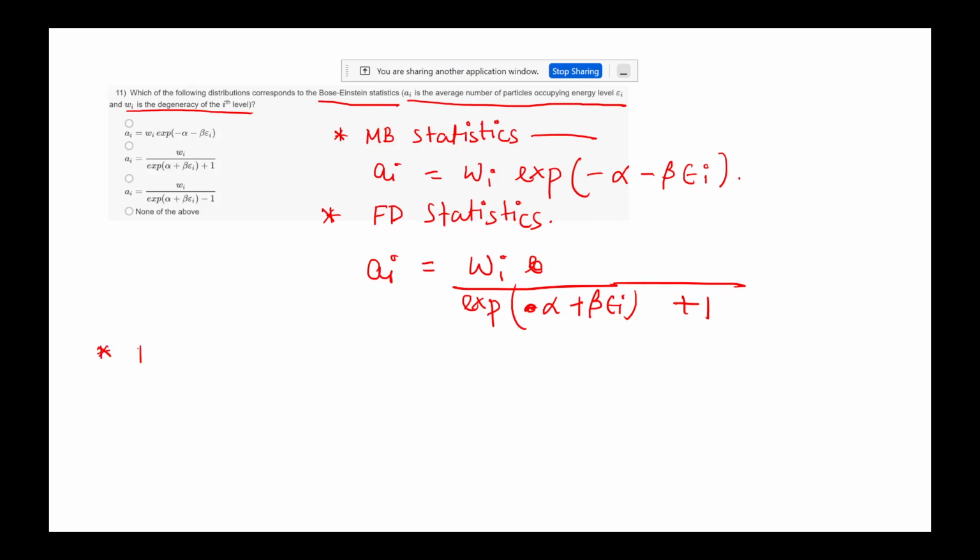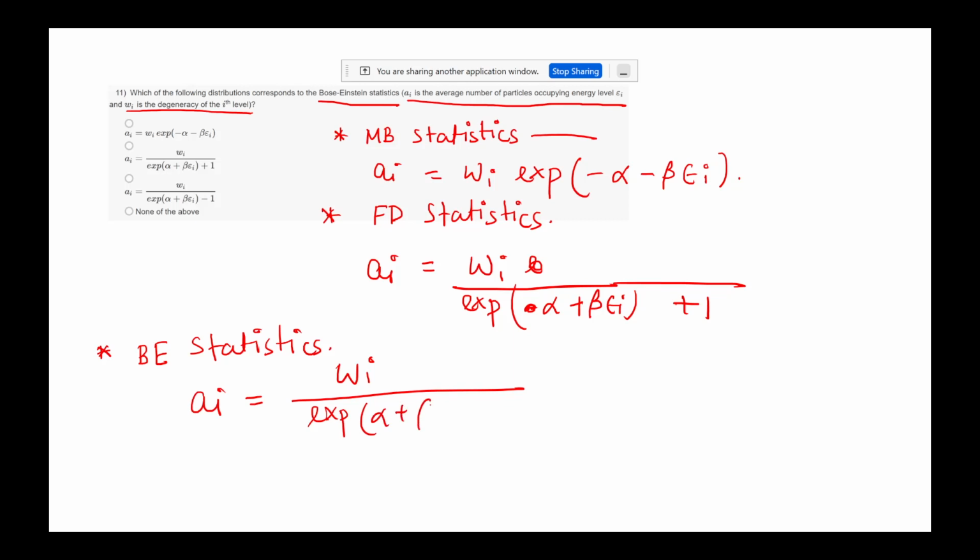For BE statistics, Bose-Einstein statistics, this will be Ai equal to Wi divided by exponential of alpha plus beta epsilon i, minus 1.